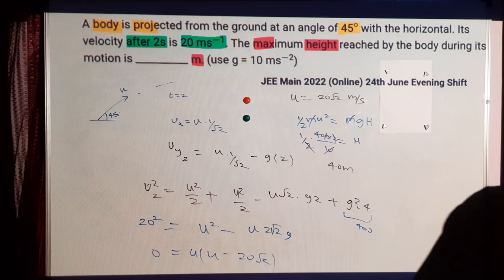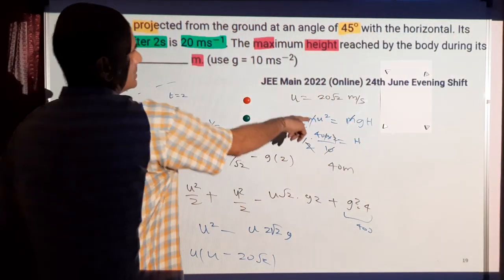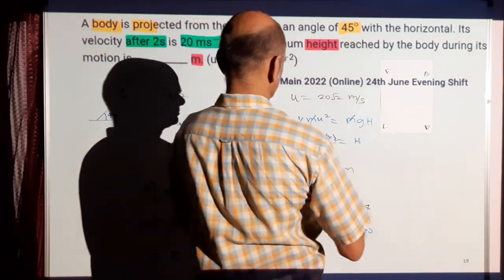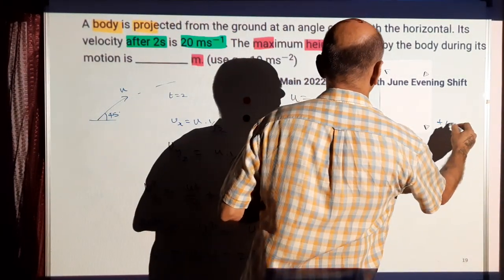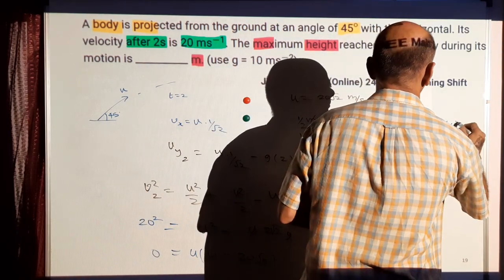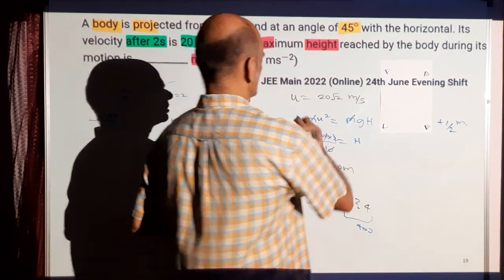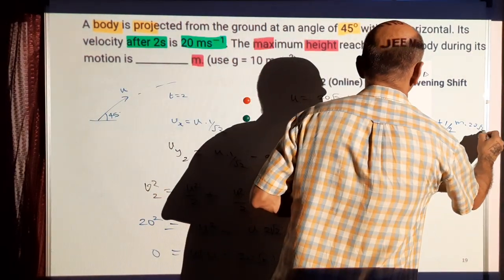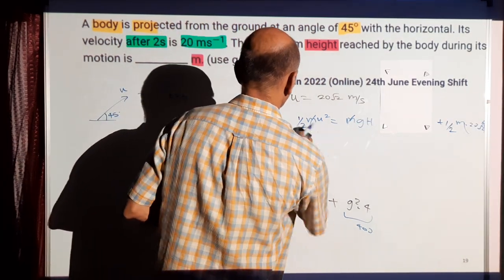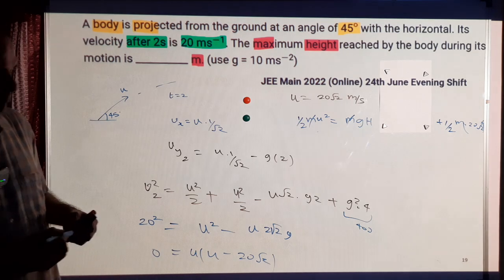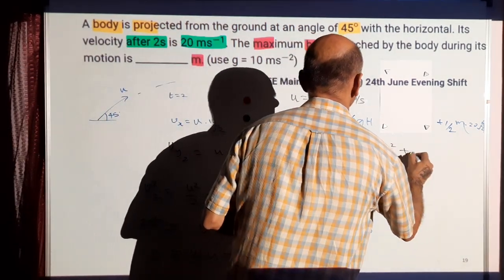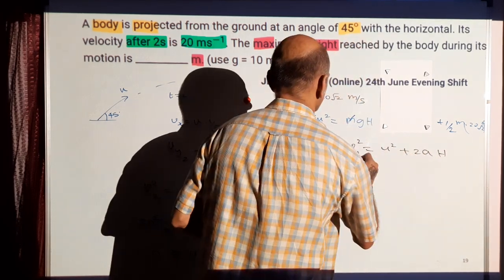I made a mistake here. See this energy conservation: actually here, mgh plus one more term is there, half m vx square, the x component velocity, which is 20 root 2 square. Or we can use the relation v square equal to u square plus 2ah in the y direction.